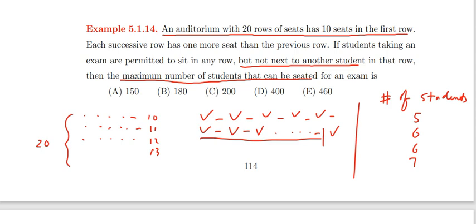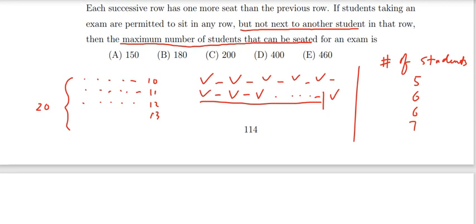So what are these numbers? It could be first one 5, then 6, 7, 8, 9, 10, like that.